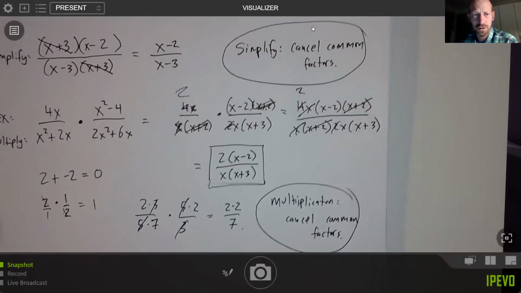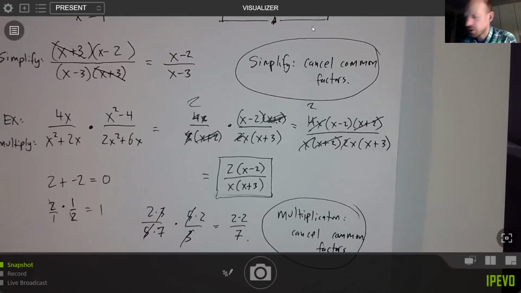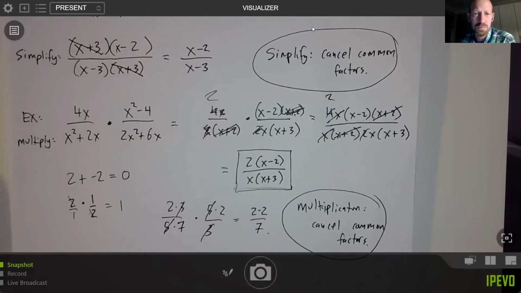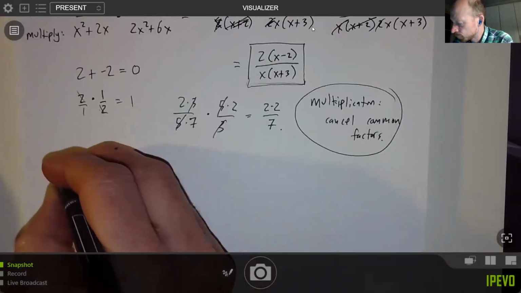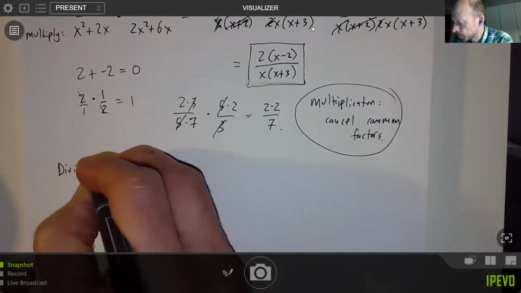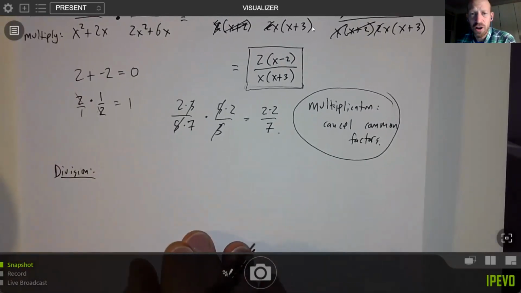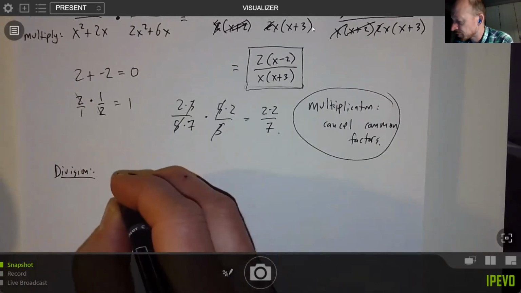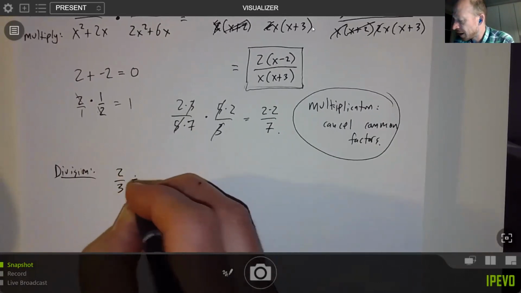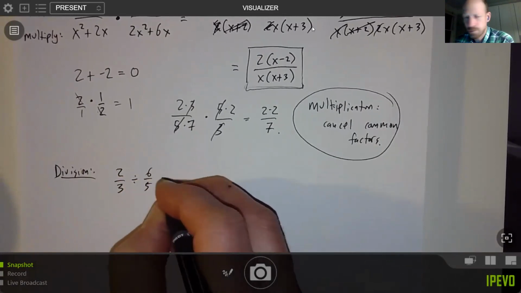Does it feel, can you see or feel that these are kind of the same things, like simplifying and multiplying? I mean, they are different operations, of course, but simplifying is one thing and multiplying is two things, but it really does just come down to canceling common factors. And it turns out that division is almost the same, right? If you remember with fractions, 2/3 divided by 6/5.